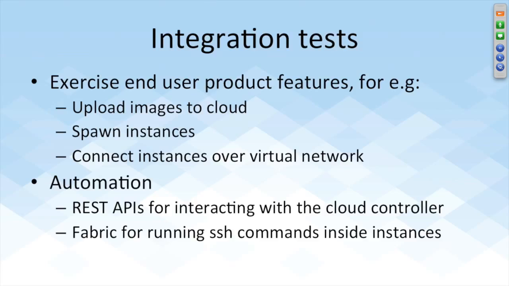And since an instance of our product is an actual OpenStack deployment, we can take advantage of the same automation mechanisms that OpenStack provides, including REST APIs, CLIs, and we also use something called Fabric to automate running SSH commands inside of instances. Fabric is a Python library that is pretty popular for doing this.